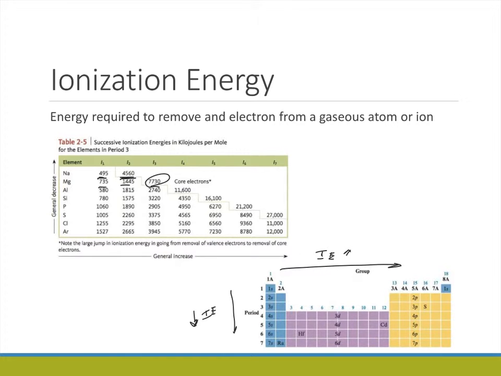Well, that really makes sense because on this end of the periodic table we have our nonmetals. And we know that nonmetals don't like to form cations, they tend to form anions. So it would make sense that the ionization energy would increase. Also, since the atomic radius is decreasing because of Z effective increasing, ionization energy will also increase.